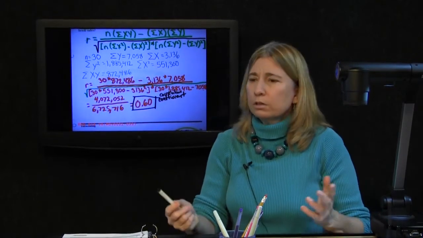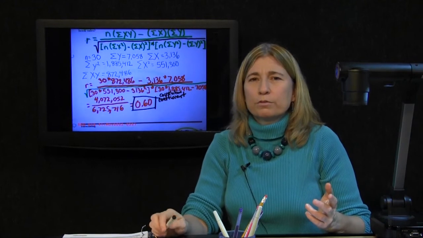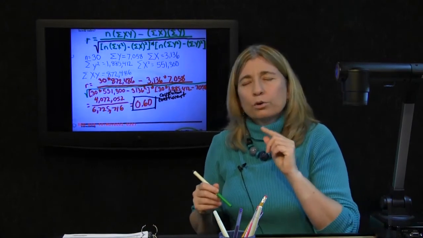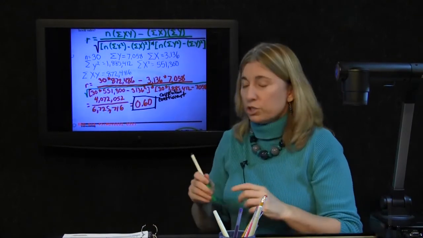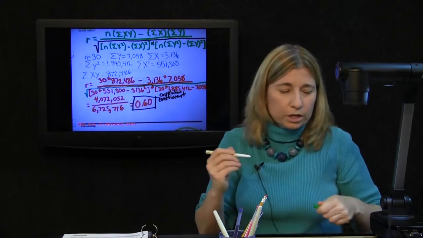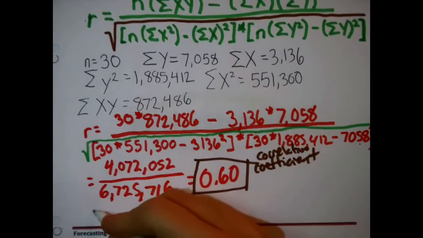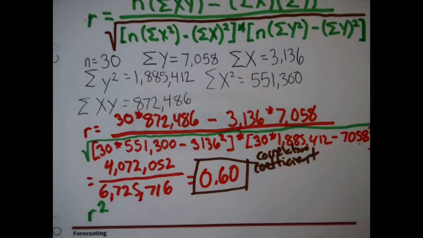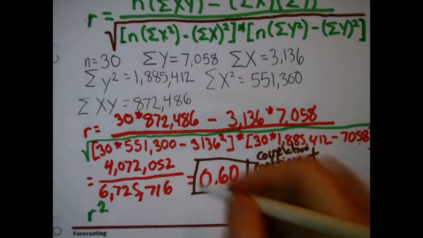And you might be thinking, great, now we've got to do another formula. The coefficient of determination is a very close cousin of the correlation coefficient. It is r squared, or rho squared. It's this result squared that is called the coefficient of determination. So I would take this and square it.